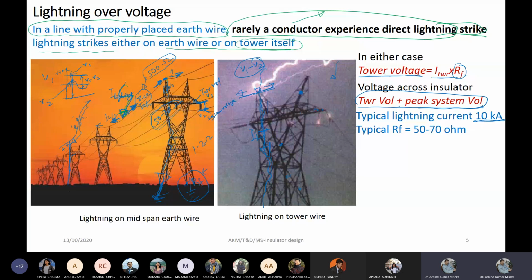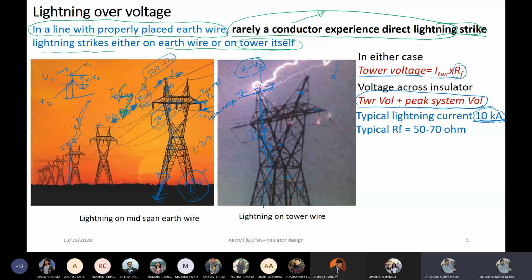So most of the analysis done so far, for protection or for insulation design against lightning, uses the typical value of lightning current of 10 kiloampere. But this does not mean that lightning current is always 10 kiloampere. Rarely it may be greater than this, and most often the value of the lightning current is lesser than this.